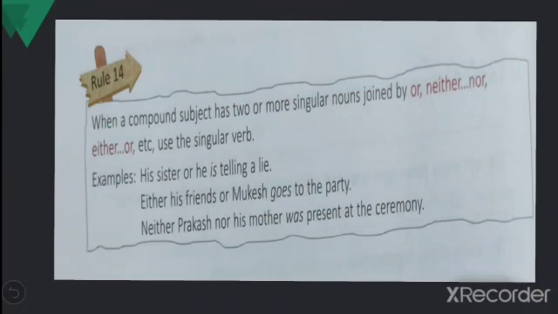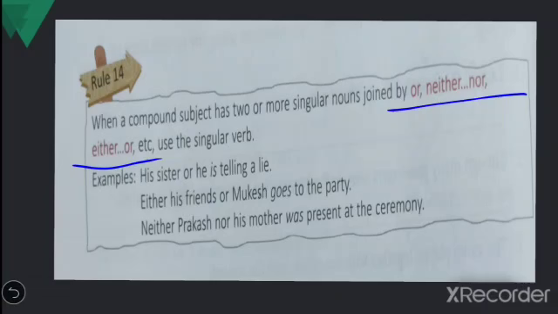Now let's move to rule number 14. When a compound subject has two or more singular nouns joined by or, neither nor, either or, etc., use the singular verb.